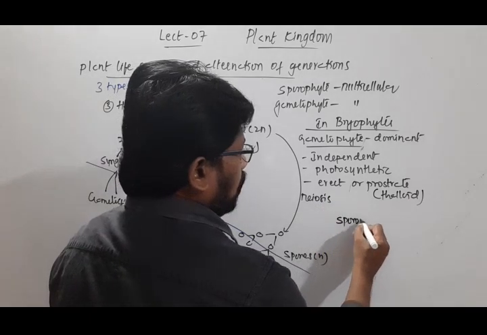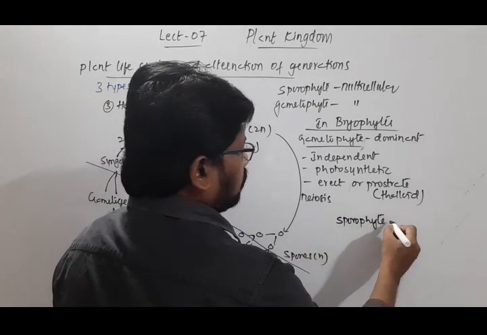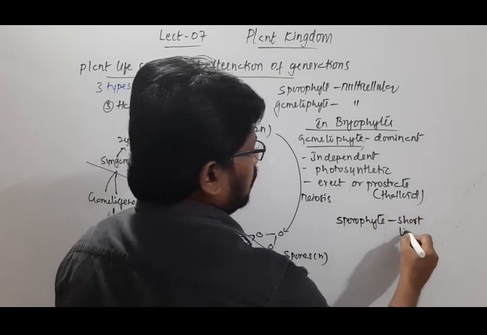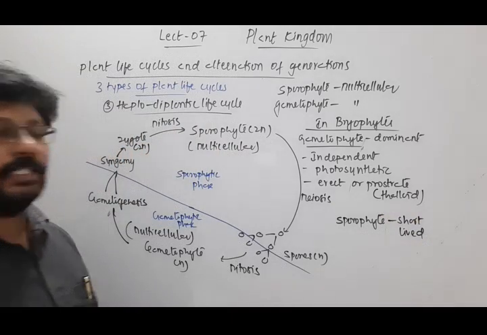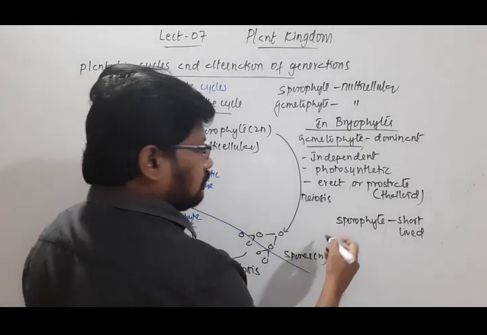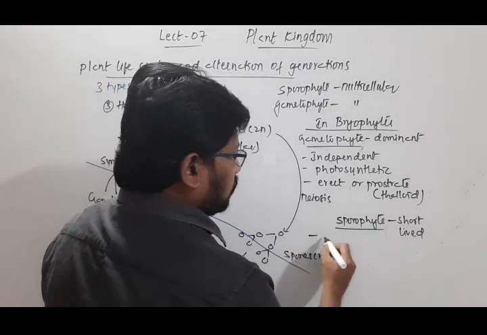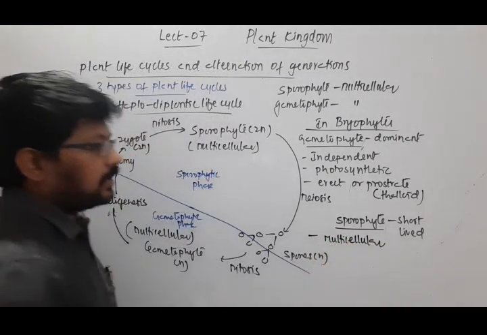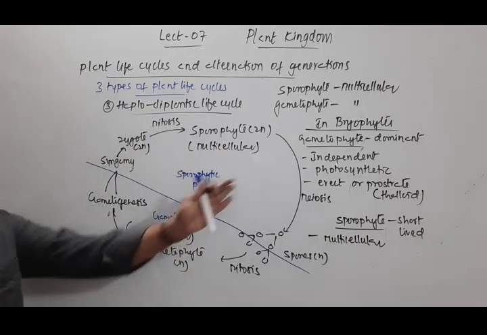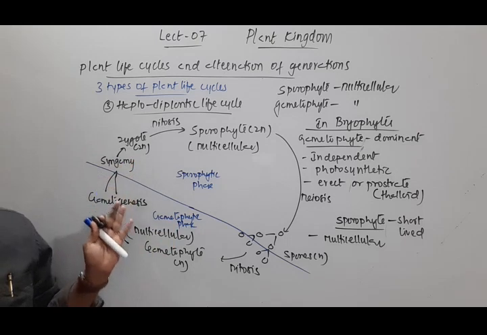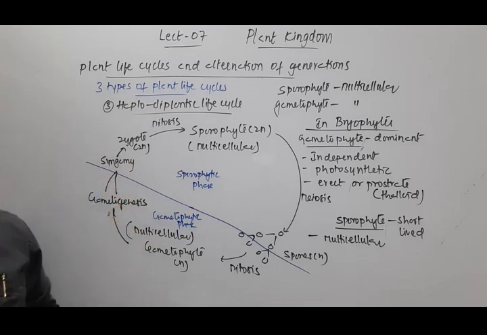Coming to the sporophyte, in bryophytes the sporophyte is short-lived, and again it is multicellular, because in haplodiplontic life cycles both the phases will be multicellular.